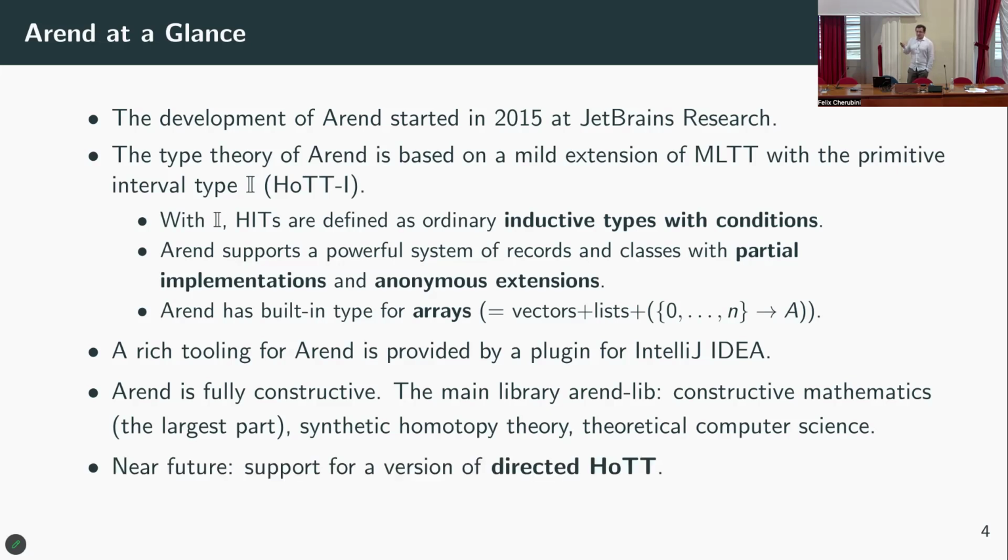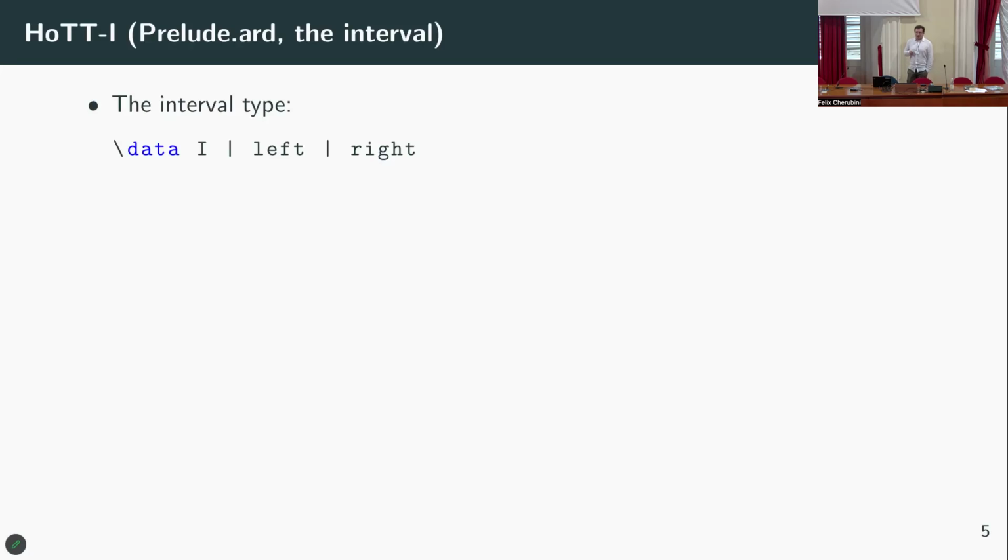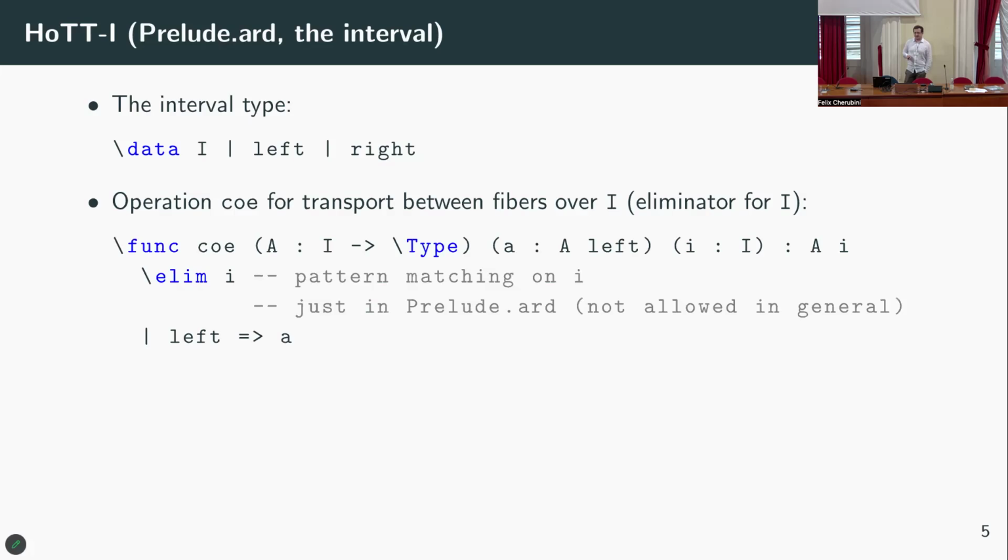In the near future, we plan to support also directed codes, and then start some synthetic formalization, broadened synthetic formalization. So let me briefly sketch the basic construct. So the interval is an inductive type with two constructors.